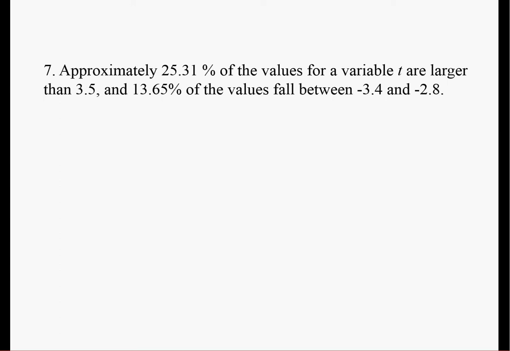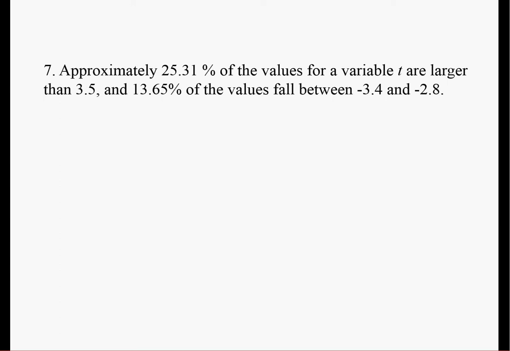Let's break it down a little bit. We have a variable that is defined as t. Then we have this interval. This interval says that the t values larger than 3.5. Obviously, this is one interval, and the probability for this interval is 25.31. So this is one probability expression.